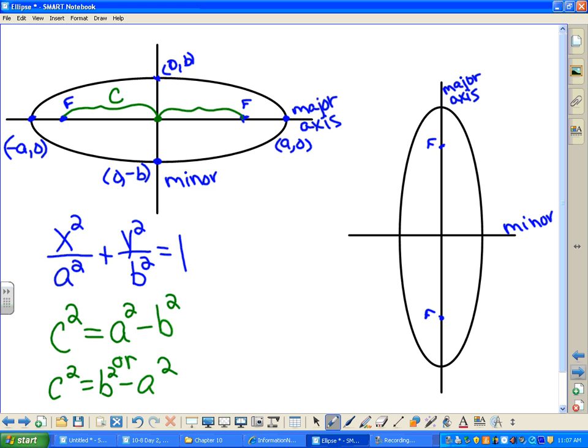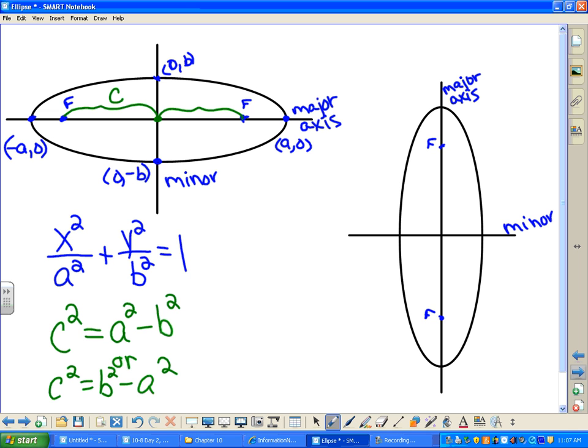So if your ellipse is going this direction, which is bigger, a or b? A, and if a is bigger, then isn't a squared bigger? So in this first case, if it's kind of stretched horizontally, you'll use a squared minus b squared. But over here, you'll use b squared minus a squared because the b value will be larger.